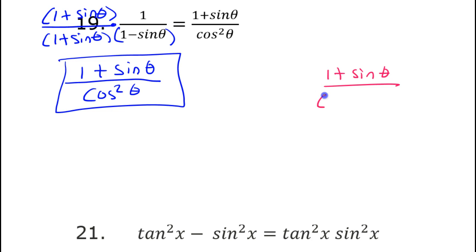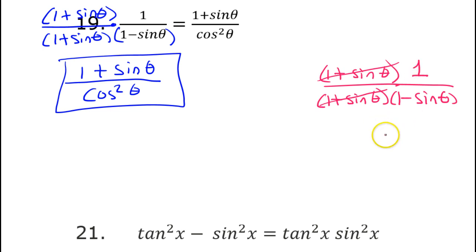Can you see what's going to happen? These will cancel each other out, and I will need a 1 up here as a placeholder. That will give me 1 over 1 minus sine theta. And that's it, you've got your target. So I guess I just went ahead and solved it both ways.